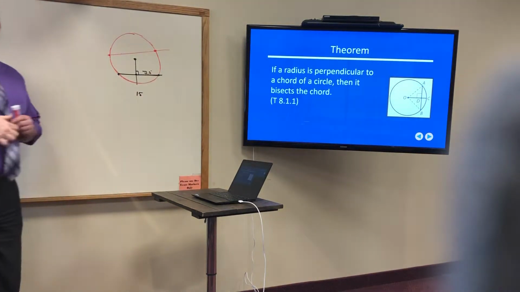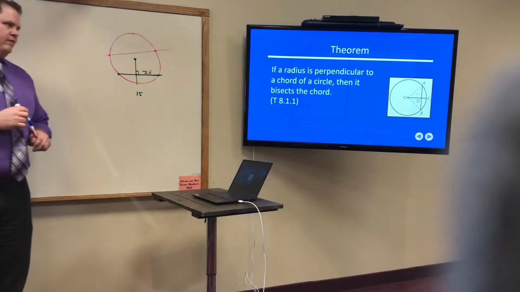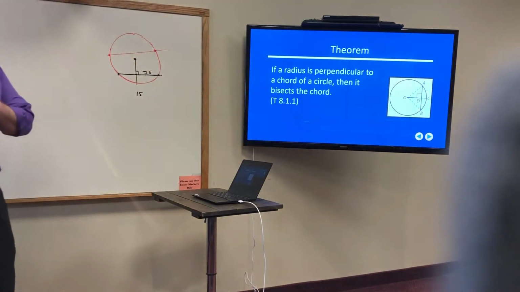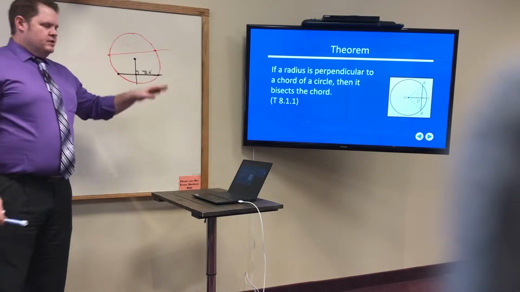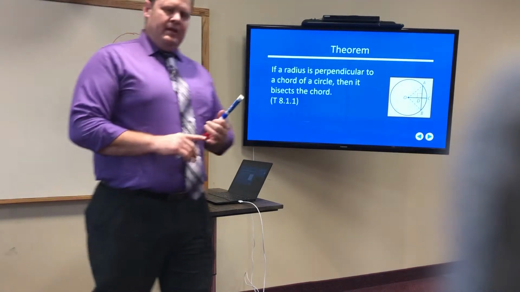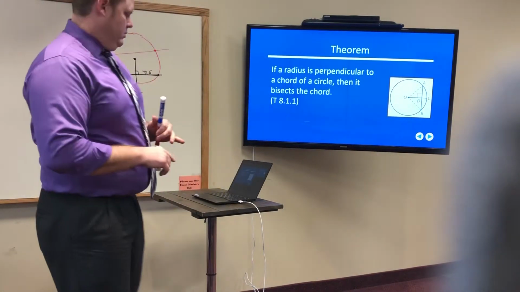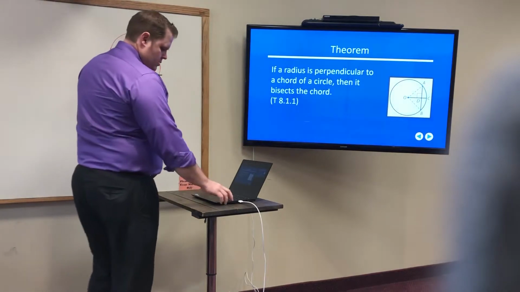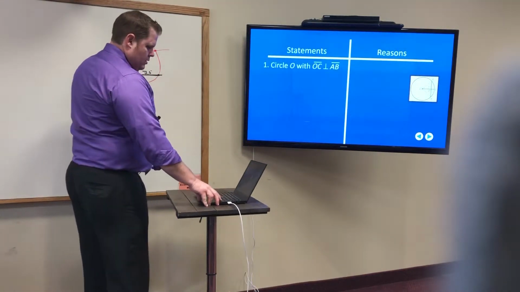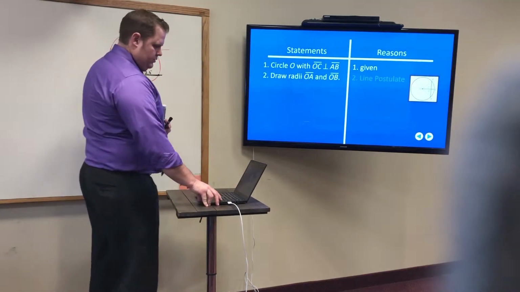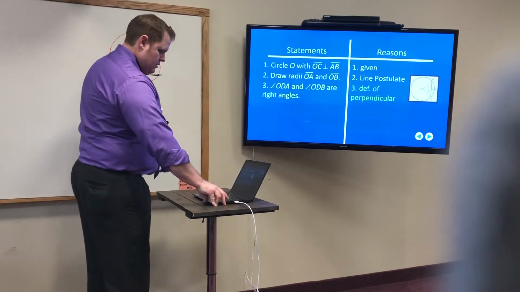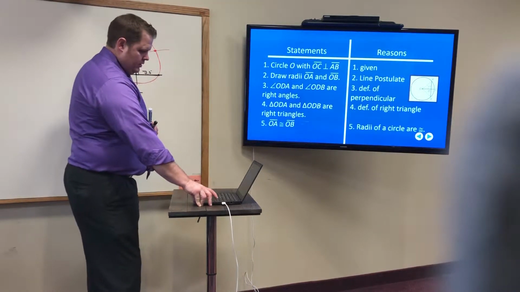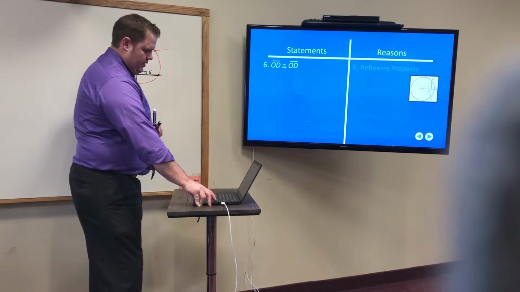We're going to divide it in half. It's going to be 7.5. So this simply says if it's perpendicular, then it bisects the chord. We're not going to go through this whole proof. We're going to skip through that.